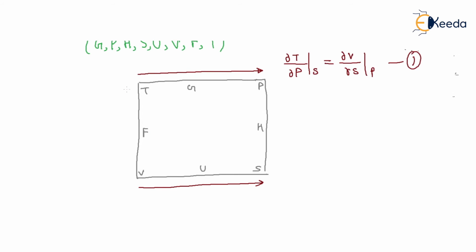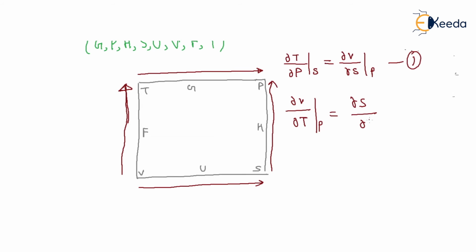Now draw a line like that, bottom to top, any one of these. So this is ∂V/∂T at constant P, and drawing a line from bottom to top, ∂S/∂P at constant T. This is equation number second.